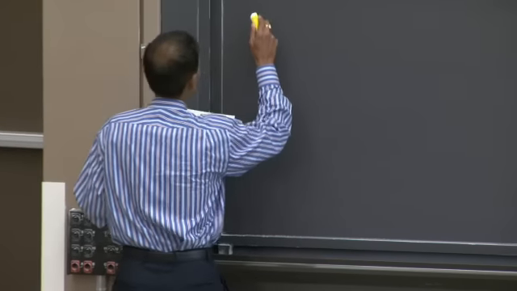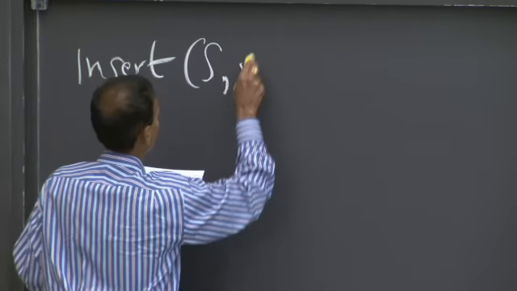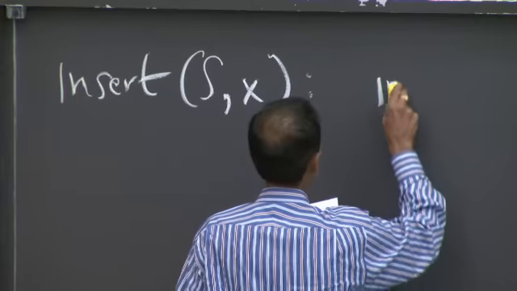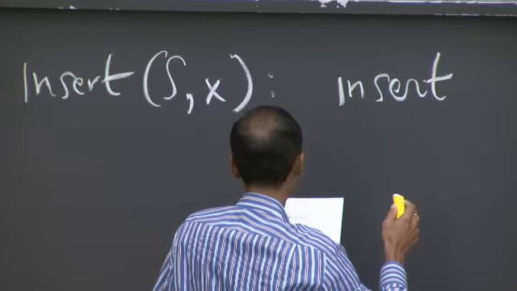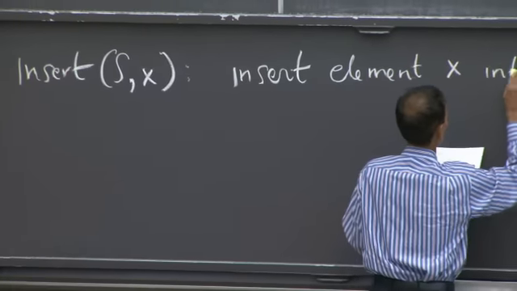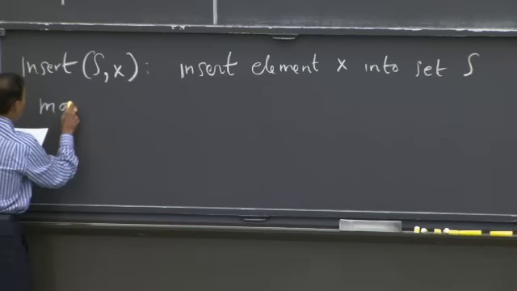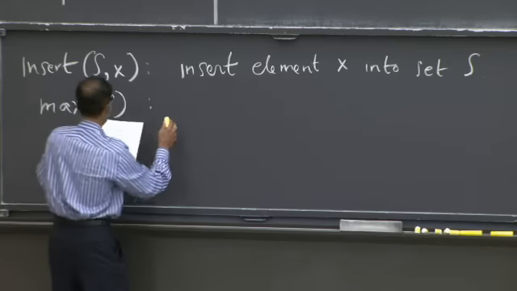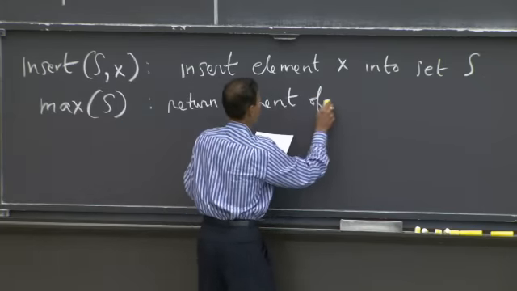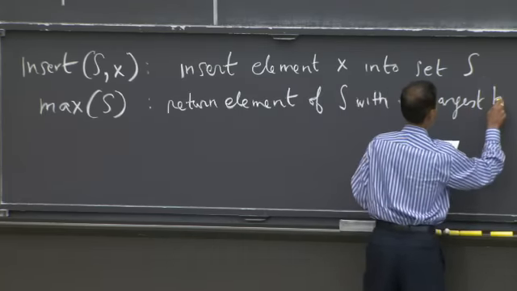And so what is the set of operations that we'd like to perform on a priority queue? So we can use that to motivate the development of a heap. And those are insert(S, x). So you have a set of elements S, and you want to be able to insert element x into set S. You want to be able to do max(S), which is return the element of S with the largest key.